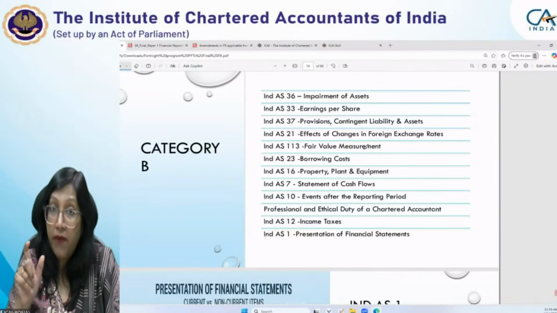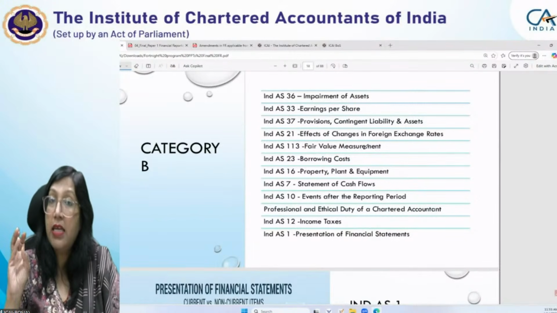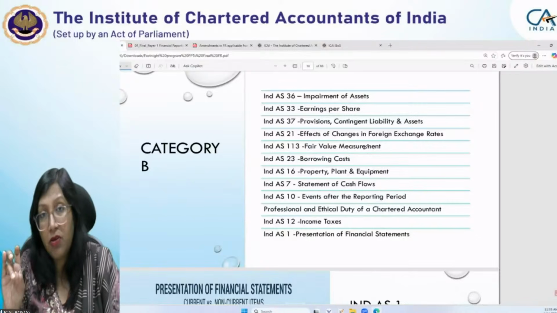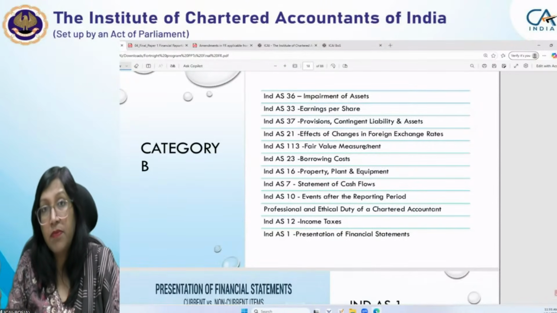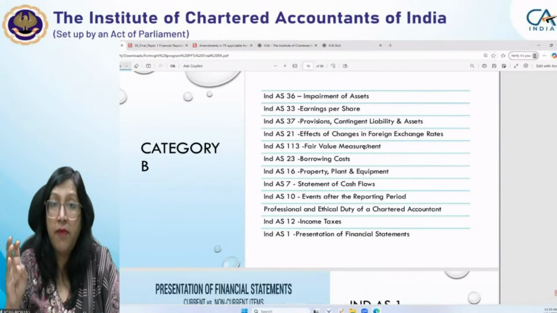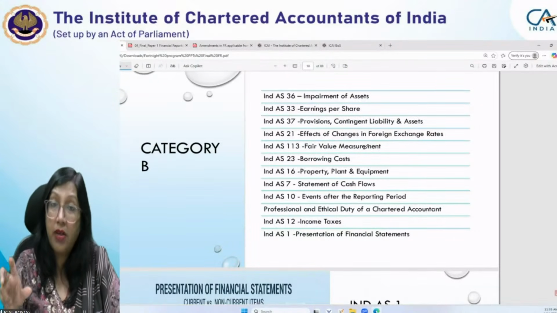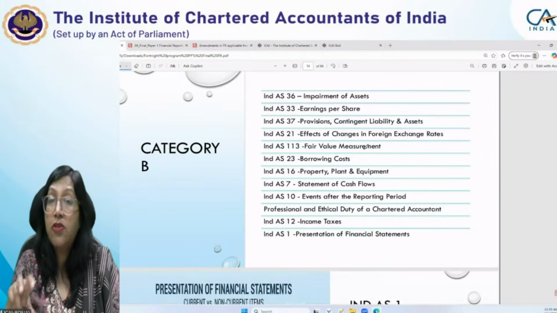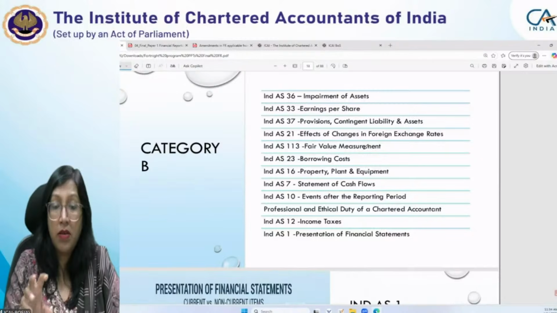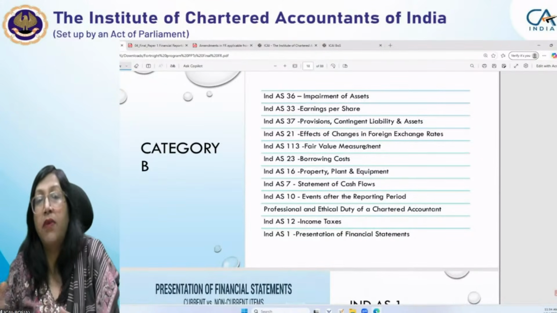You have to be very well versed with the key terms used in this standard. Possible obligation, past obligation, present obligation, possible future obligations, whether it is measurable, whether reasonable assurance is there or not, whether it is quantifiable or not. These aspects you should be aware of. I would suggest for this standard, go for handwritten practice even when you have 15 days left.